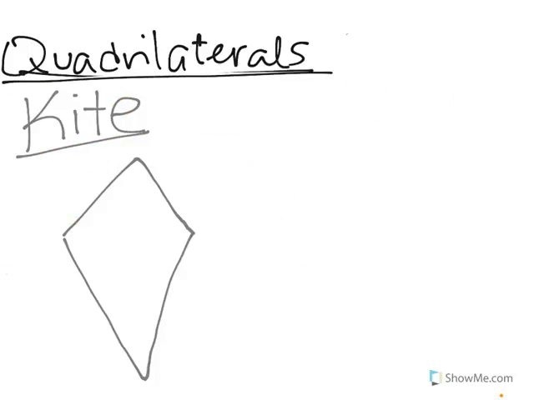Last but not least is a kite. All the fun things of flying a kite. Kites have 2 pairs of congruent sides. The sides that are congruent are what we call adjacent. That means side length AB is next to BC. They have to be next to each other to be congruent.